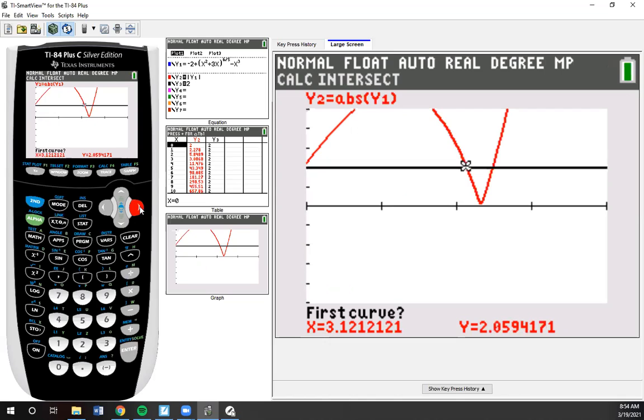And so it's going to ask where do you want the intersection to be? So you're going to hover right over where the intersection is and hit enter. 1, 2, 3. And there's your first intersection. So we'll round that to about 3.128. We're going to go to 3 decimal places on all these answers.